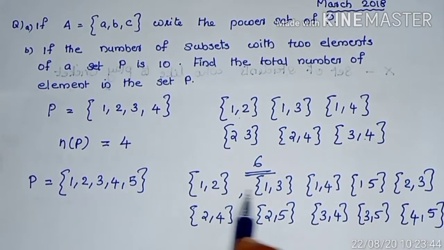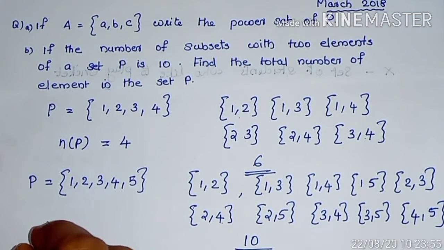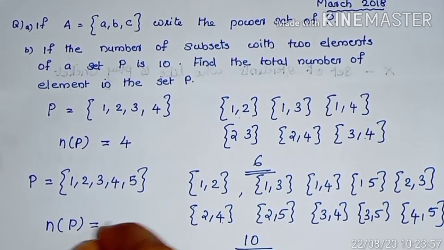How many? 1, 2, 3, 4, 5, 6, 7, 8, 9, 10. We got 10. The subsets with 2 elements of the set has 10. So N of P is equal to 5.